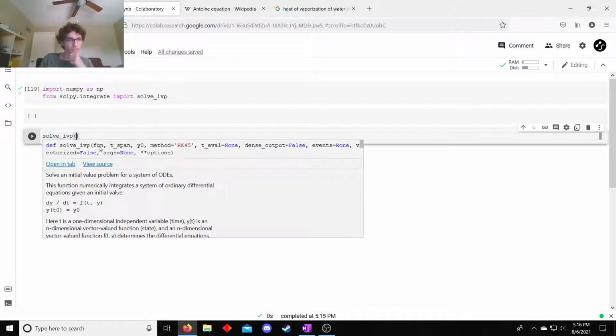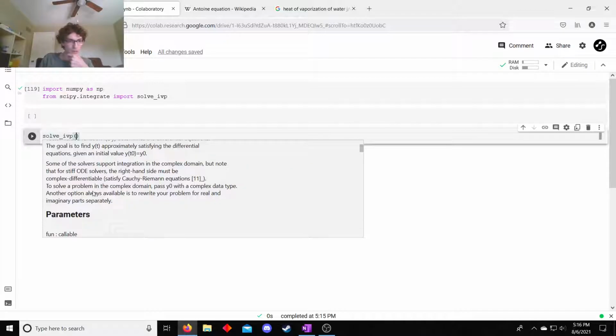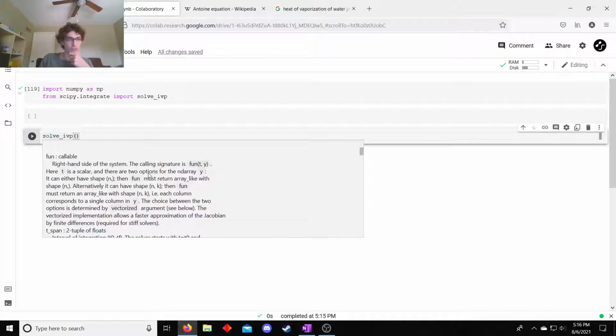But the one we want to focus on here is this function. If we scroll down a bit, it looks like our function is going to take in two values, t and y, where t is the independent variable and y is an array of the dependent variables.